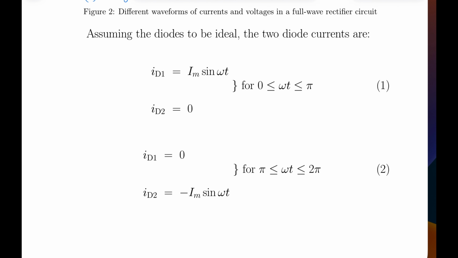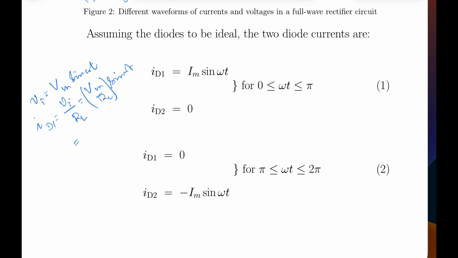So let us assume that current is flowing through the first diode, D1, at the top, and that current ID1 is Im sin omega t. How did this happen? We have Vi equal to Vm sin omega t, so what will ID1 be? Vi upon the resistance in the circuit. The total resistance is RL, right? So this is Vi upon RL, so this is Vm upon RL sin omega t. Vm is the maximum value of voltage. RL is the resistance in the circuit because we have neglected the resistance of the diode.